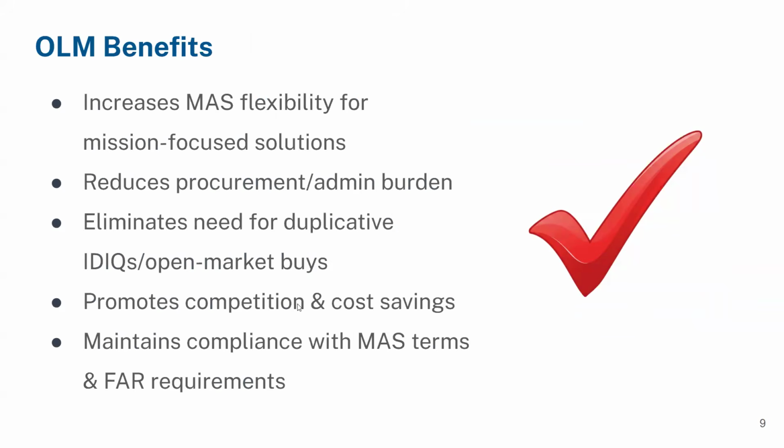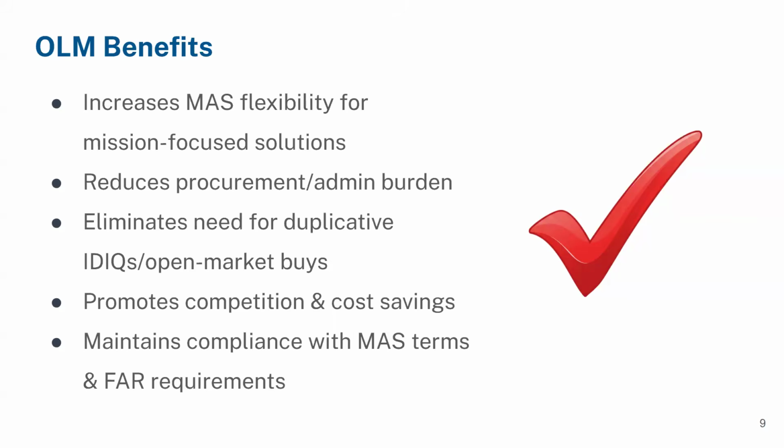Okay, just summarizing the benefits of OLMs: again, it increases flexibility. It's already done that, but I think the updated rules improve the breadth of that. It reduces procurement and administrative burden, because it allows you to supplement orders with items you may not have previously understood you would need for that MAS contract or BPA.